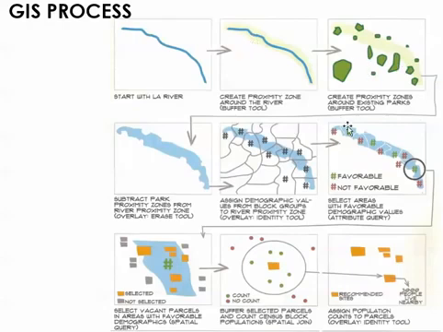Based on those proximity zones, they created other proximity zones around existing parks. So they took those two buffer zones and subtracted them from each other, and that's how they identified exactly where we want to work. This is where we are within a certain distance of the river, and we also are not within an existing park.